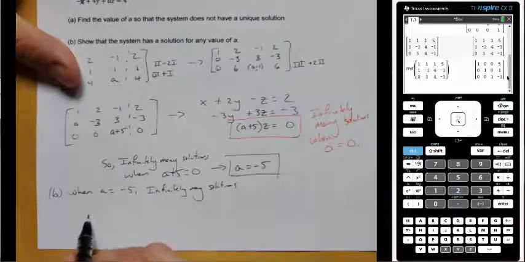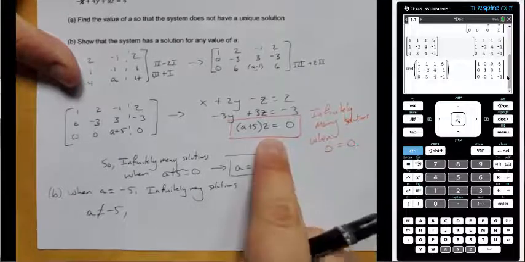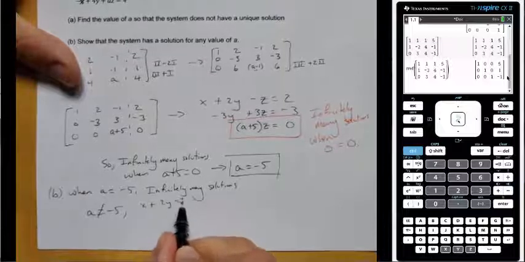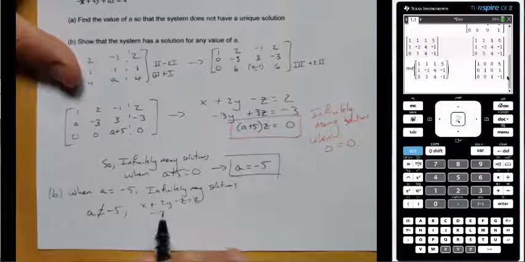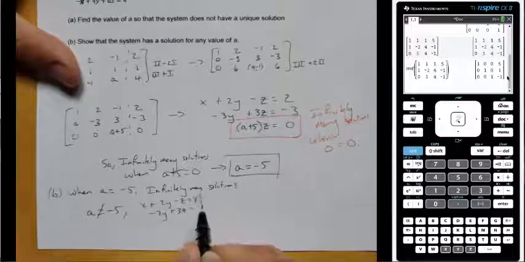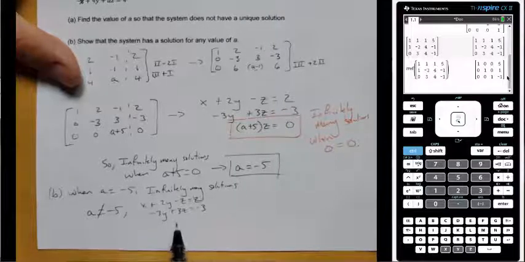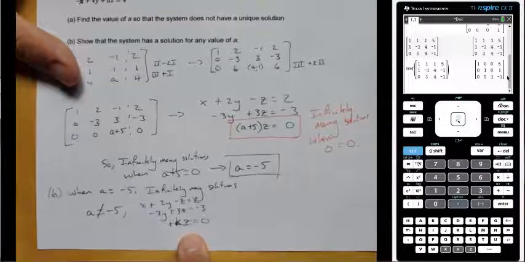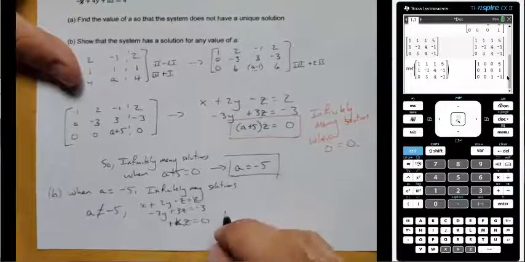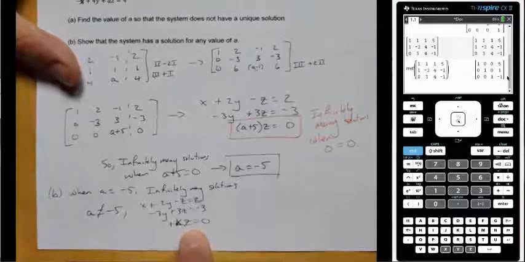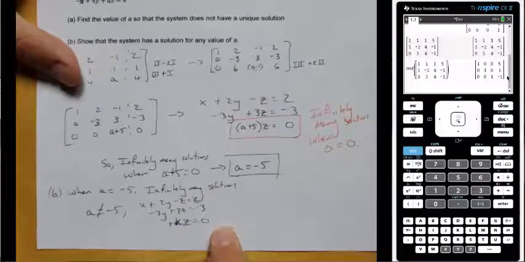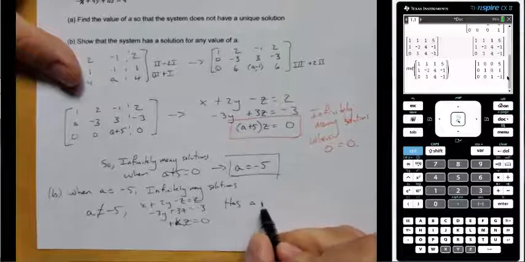When a is not negative 5, then the system takes the form of x plus 2y minus z equals 2, negative 3y plus 3z equals negative 3, and then something, how about we'll call it kz equals 0, which has a solution. It's just z equals 0, which has a single solution, because z is 0. I plug 0 back in, I plug 0 back in. This has a unique solution.